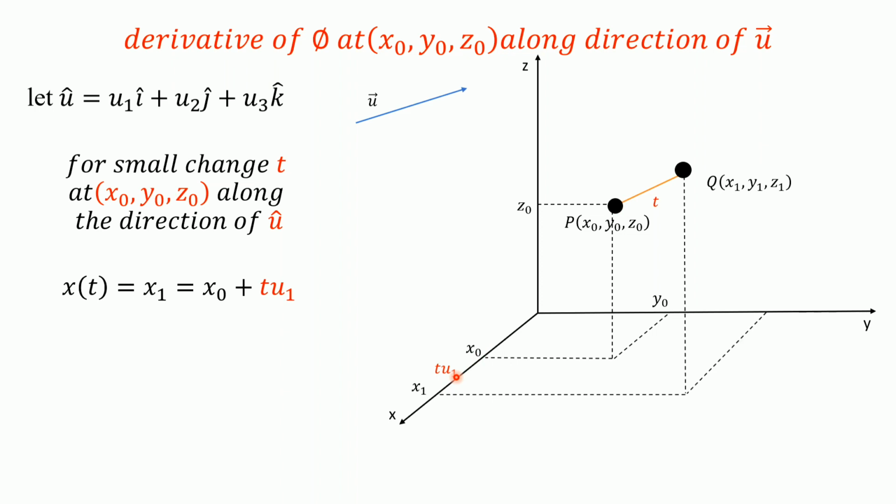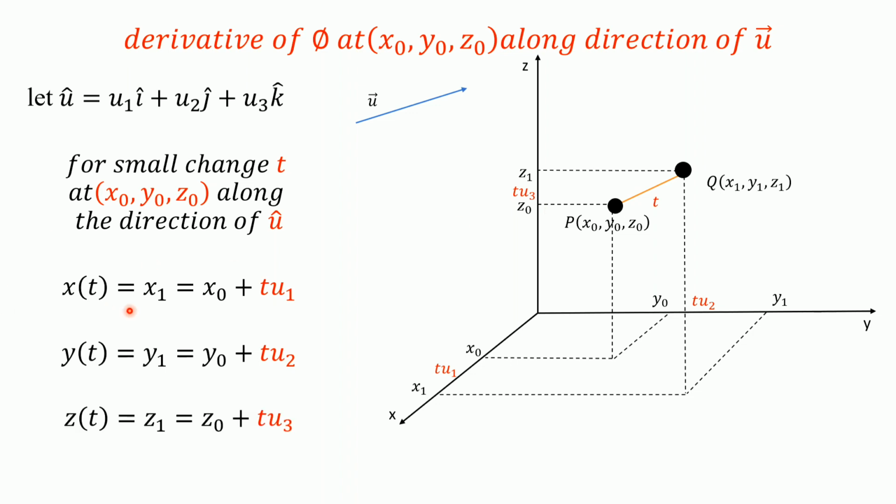Similarly, along the y-axis, this distance will be t times u2. It will get changed by t times u2, the y component. And similarly, z1 will change by t times u3. So these are the corresponding changes.